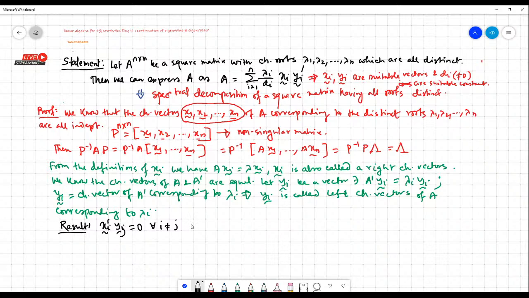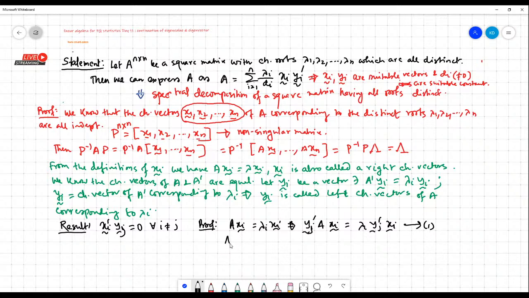We can prove this as A xi curl equal to lambda xi curl, so yj curl prime A xi curl equal to lambda yj curl prime xi curl. We denote this by 1.